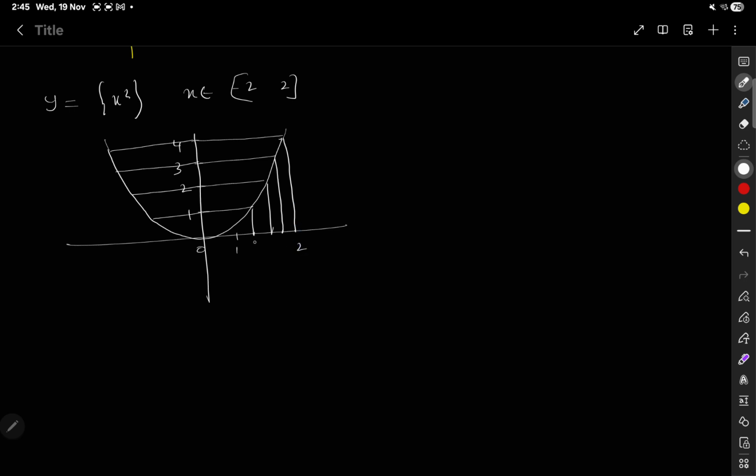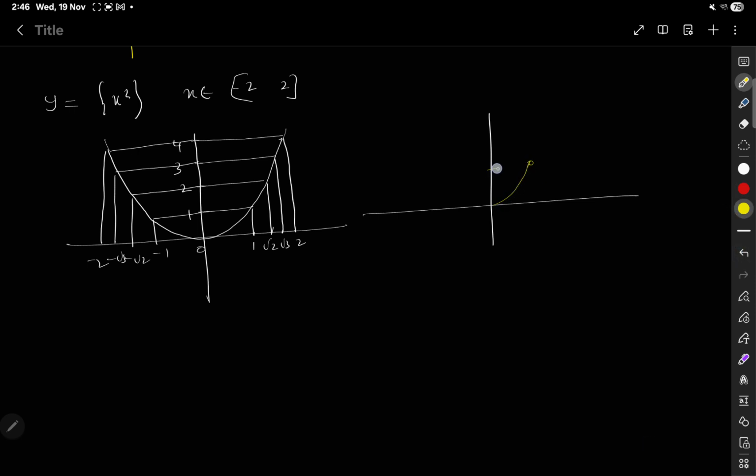This is 1, this is root 2, this is root 3, 2. I made a small mistake. And on the negative side, minus 1, minus root 2, minus root 3, and minus 2. Now take the graph and project all of it between 0 and 1. That's it.